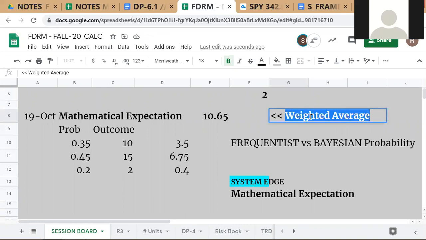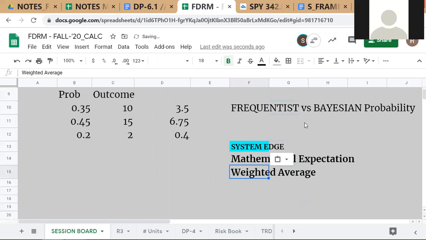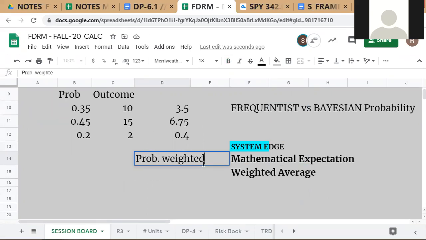You should have this very clearly in your head that these are all actually the same. Mathematical expectation is nothing but what we call a probability weighted average outcome. Sorry, that average spelling is not correct.